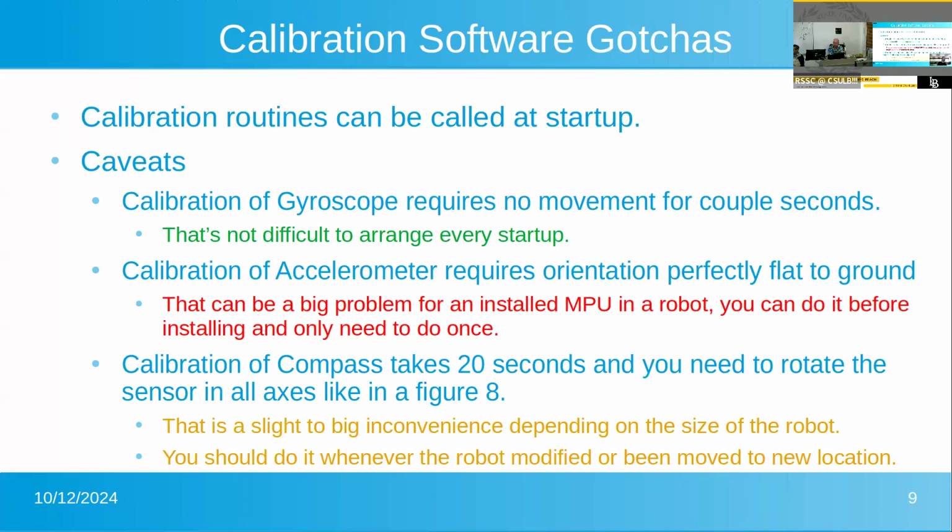This is a slight to big inconvenience depending on the size of the robot. And you should do it whenever the robot is modified, like the interior, or it's been moved to a new location. So when you set it to calibrate the compass, you run the compass routine, you then rotate this thing in all directions in a figure 8.